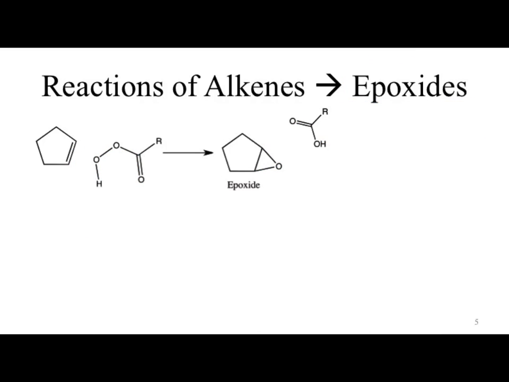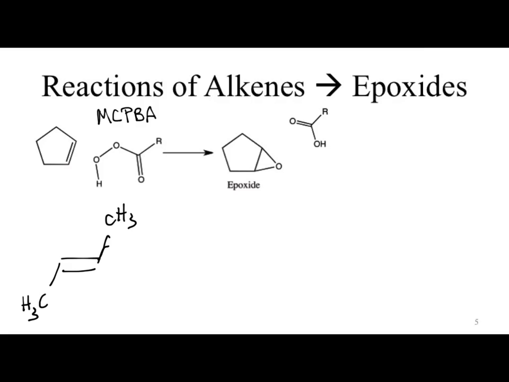So let's clean it out again. Let's try another one. And I'm going to react this with a peroxy acid, but instead of actually saying peroxy acid or drawing that out again, the most common peroxy acid that you'll probably see, MCPBA. Okay, so that's the most common one.